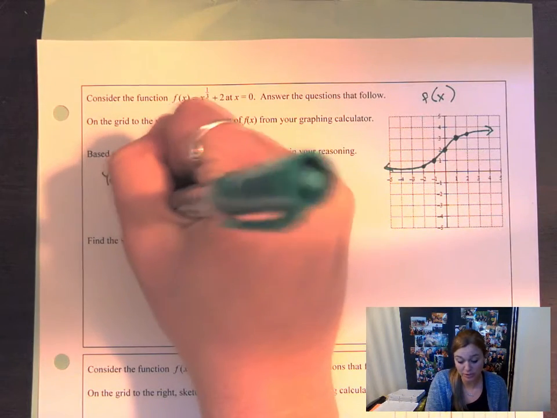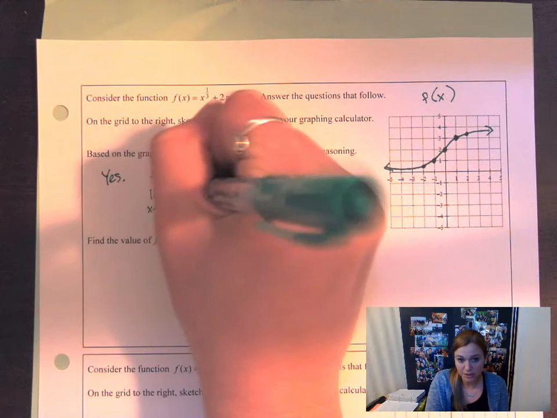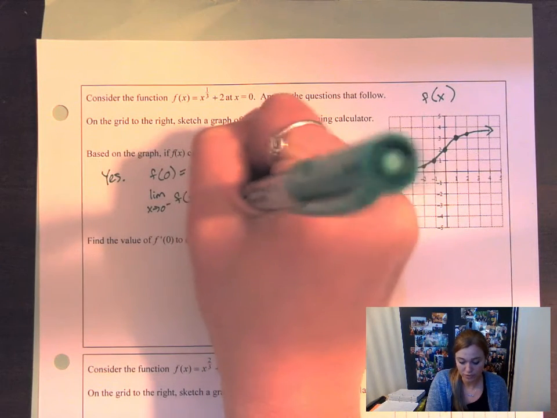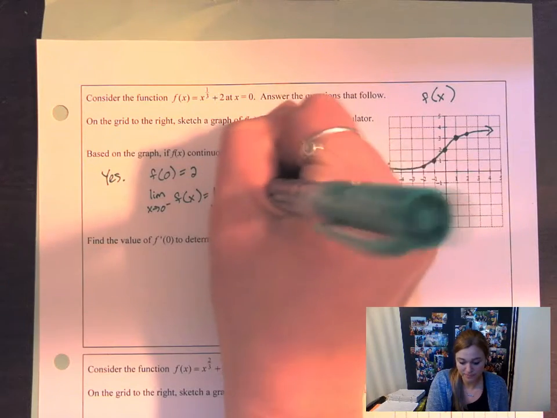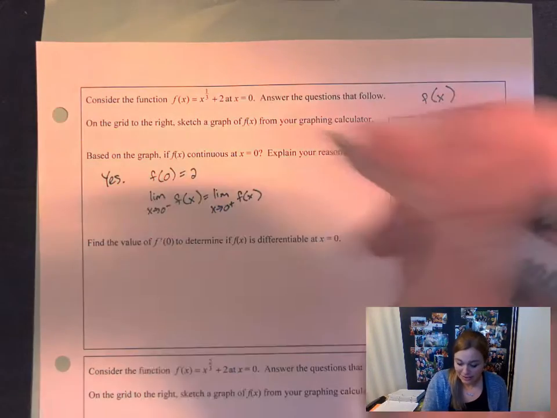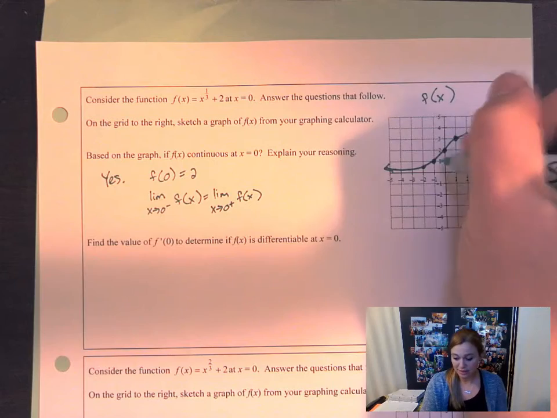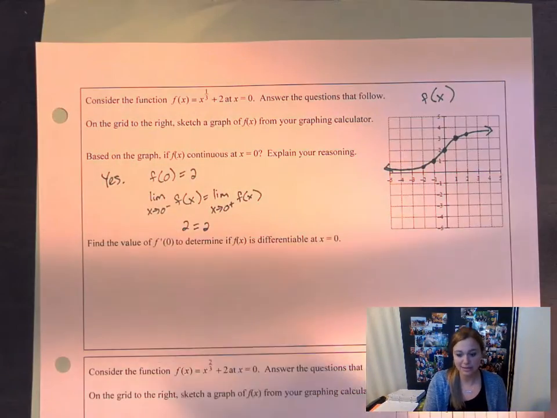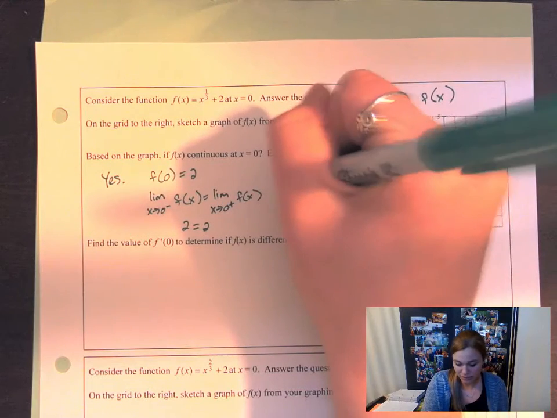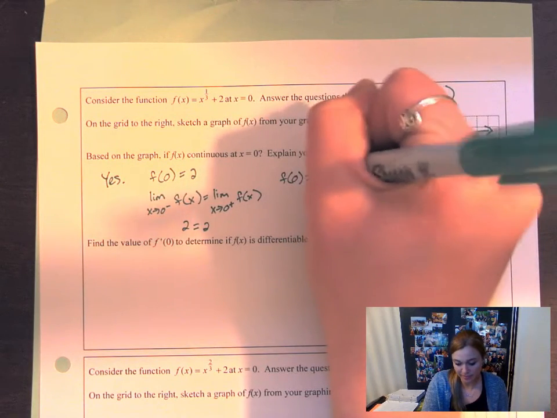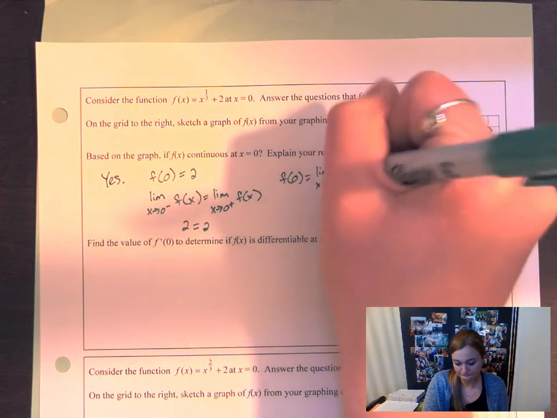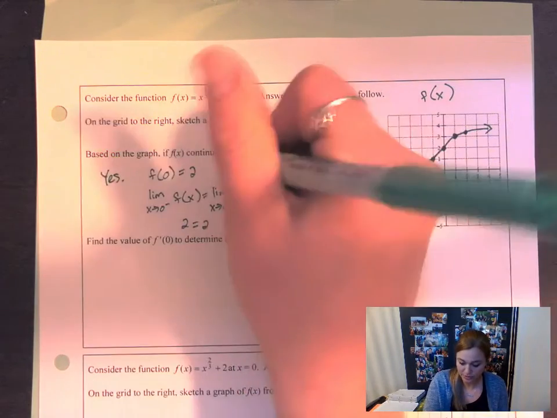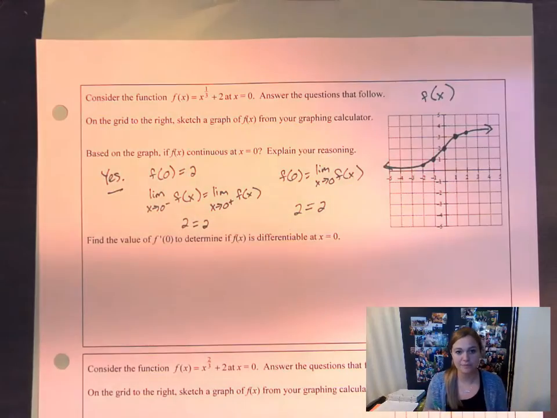So the limit as x approaches 0 from the left must equal the limit as x approaches 0 from the right of f of x. In this case, I'm approaching 2 from the left, 2 from the right, 2 equals 2. So the limit exists. And then the function value equals the limit, which in this case is 2 equals 2. So I would say yes, we got it.